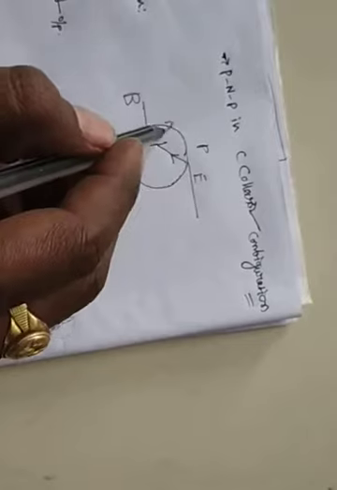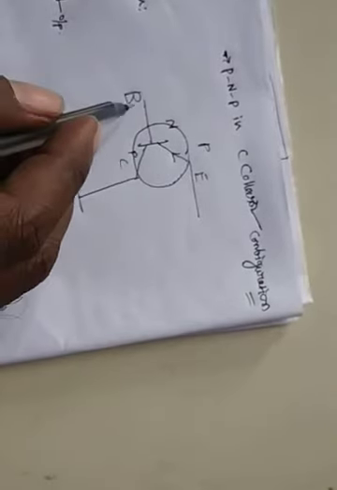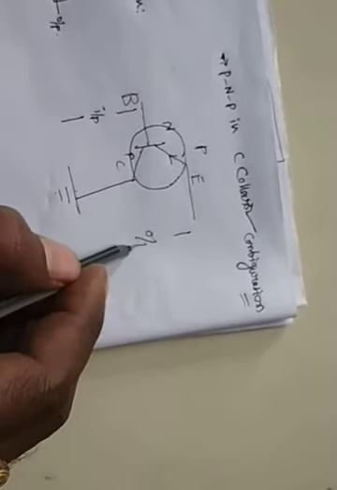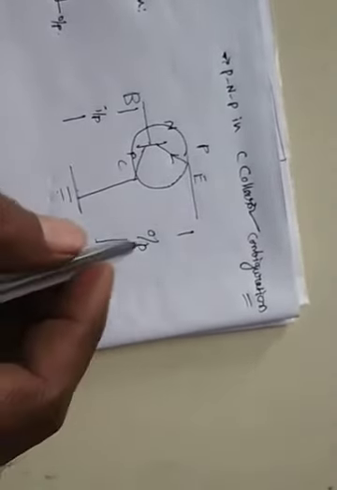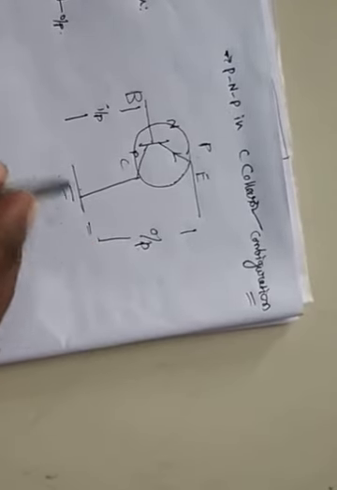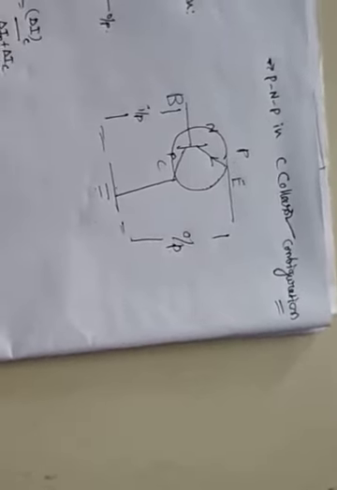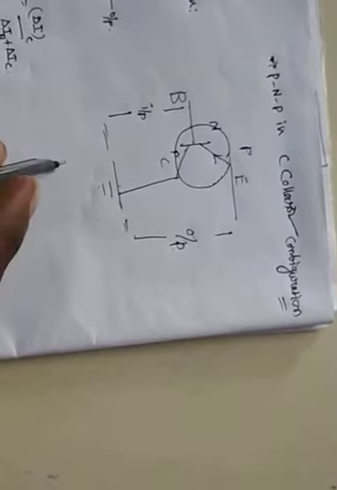That means here this is the input: emitter, base, collector. Now this collector is earthed. This is the PNP. Then what is the input here? Base. What is the output here? Emitter. So the configuration will be like this. There is a small amount of current change.